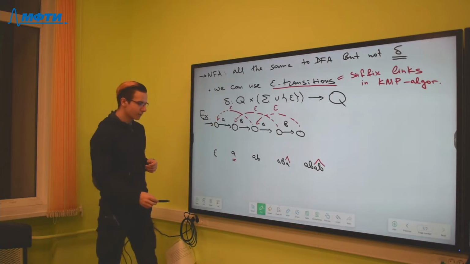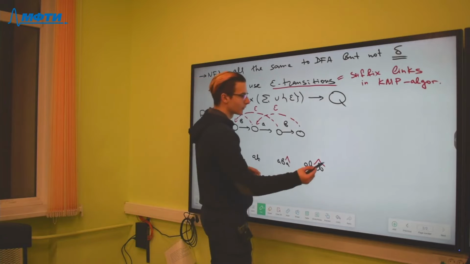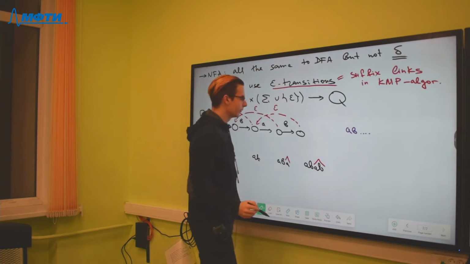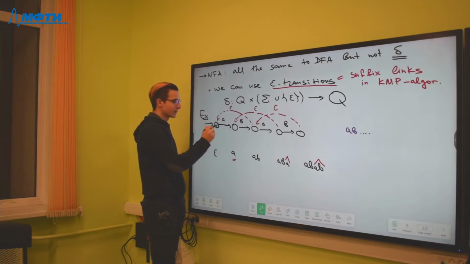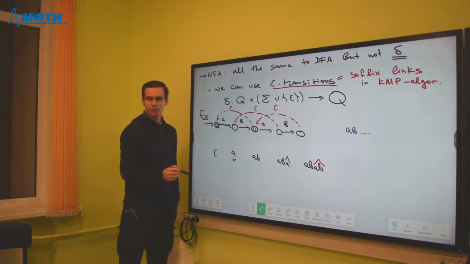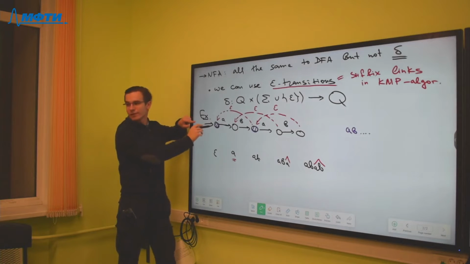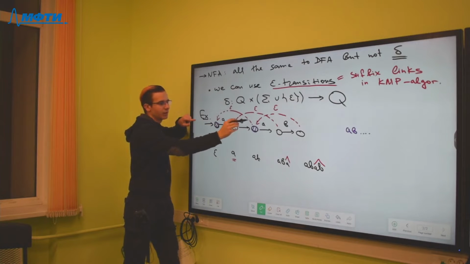And for example, if we read the string AB, we can say that we are in two states, because we can go from the initial state by A, B, and epsilon.